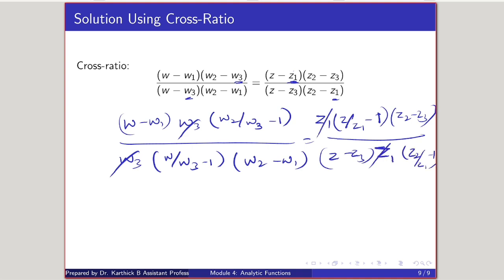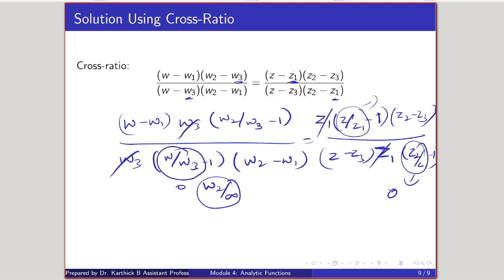So z1 will get cancelled. Then if I substitute any values of w, w2 by infinity becomes 0, and here also it becomes 0. Wherever I divide any definite value by infinity, it becomes 0.